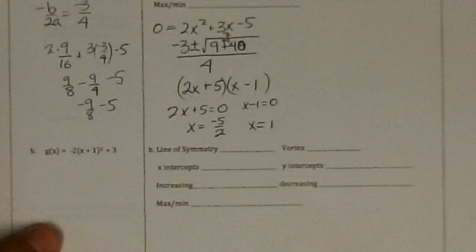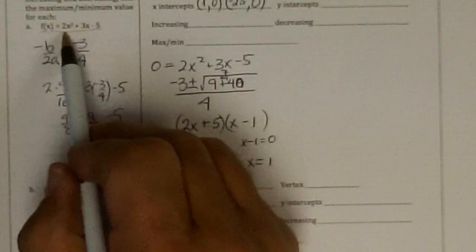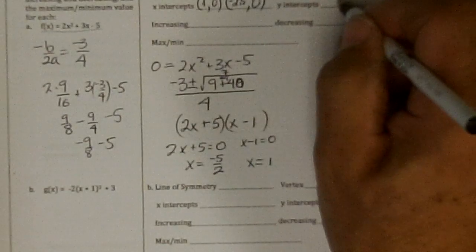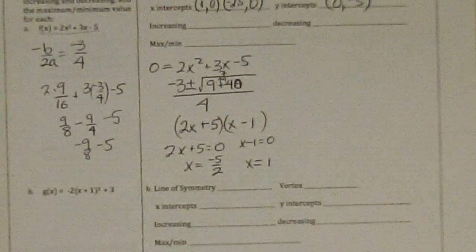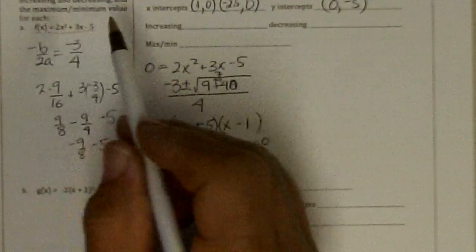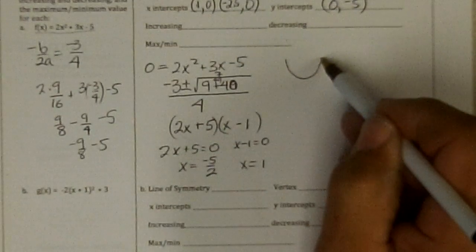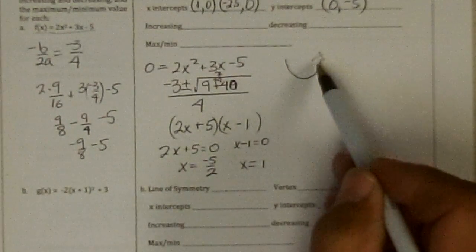The y-intercept, I would just put 0 in for the x's. That makes all of this be 0, and I get negative 5. Okay, so this is a parabola that's got a positive a, so it's shaped like this. So it's increasing from the vertex on.